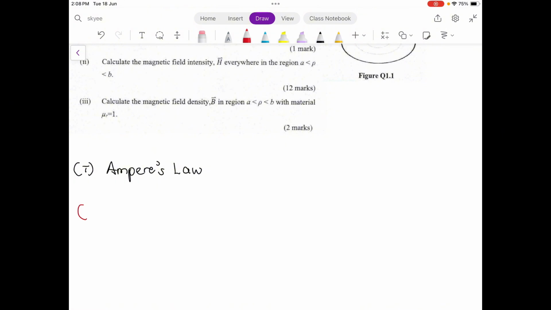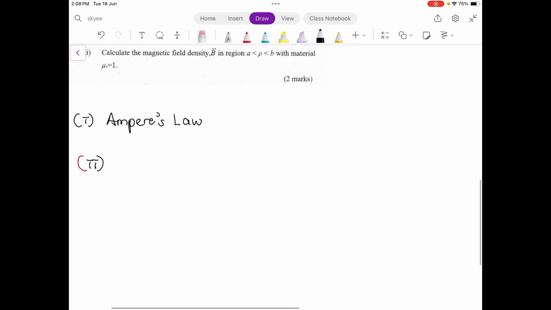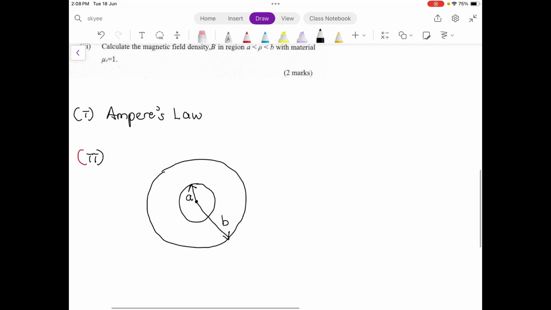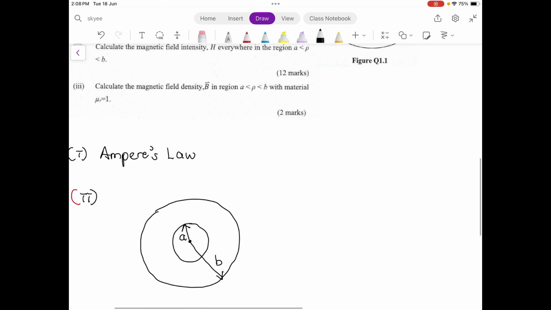To have a better illustration, I think we need to draw again, because this figure is a bit blurry. So we have A here, and we have a circle B here. This is A, and this is B. In between A and B we have the mu.